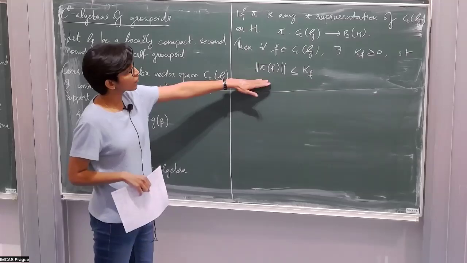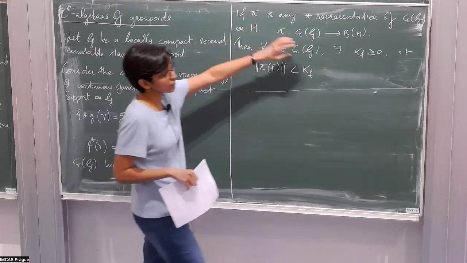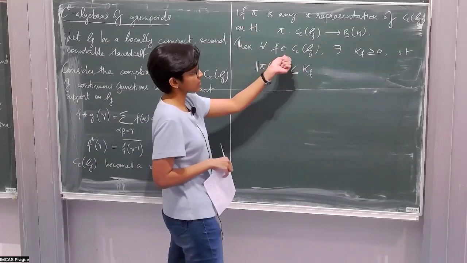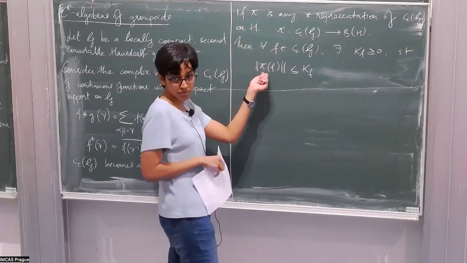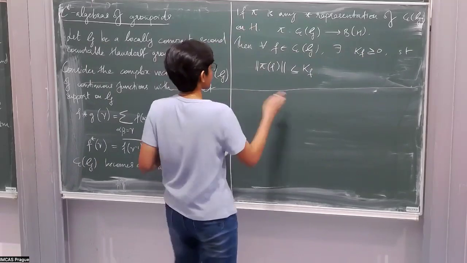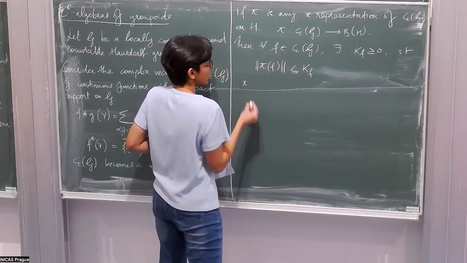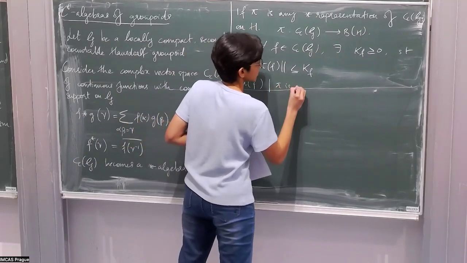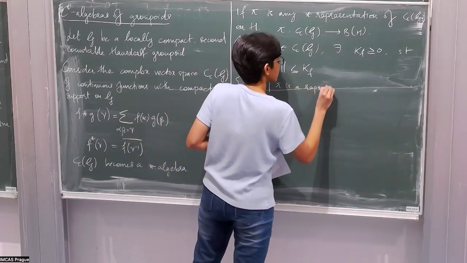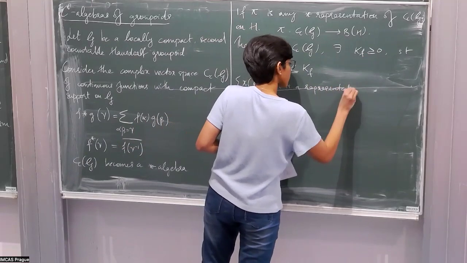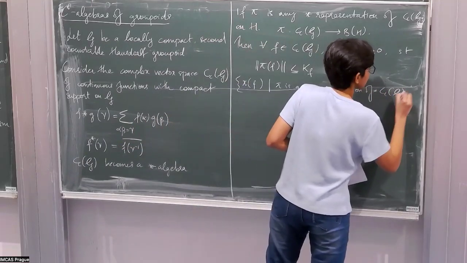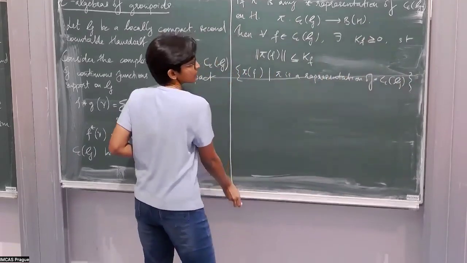Now, this is true for any star representation of the star algebra, and this is a constant which only depends on the function f and not on the representation. So the set of phi(f), where phi is a representation of Cc(G), is uniformly bounded.